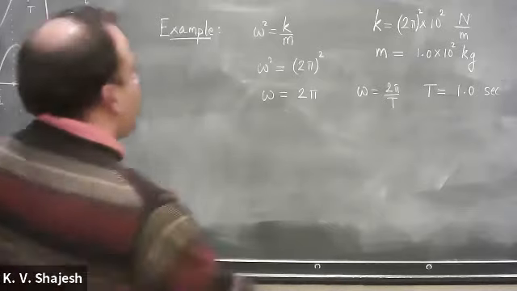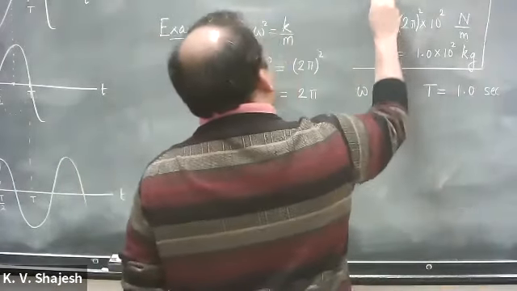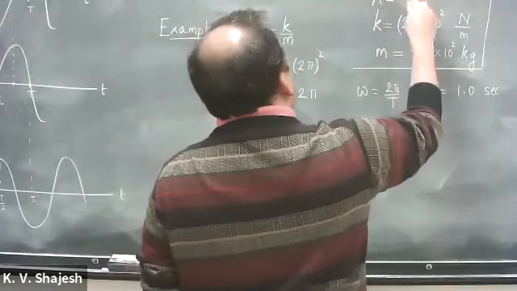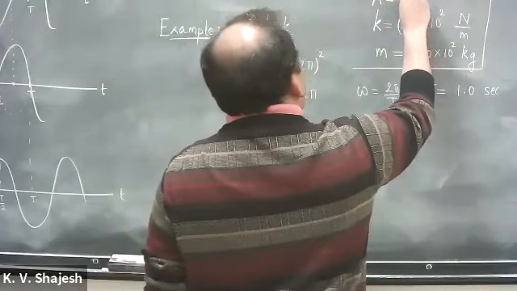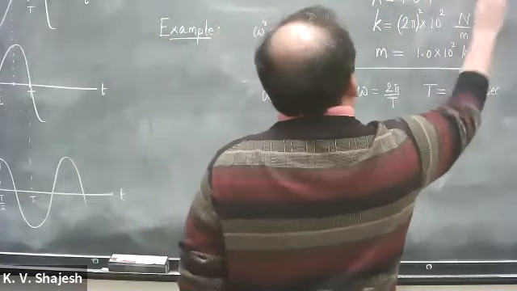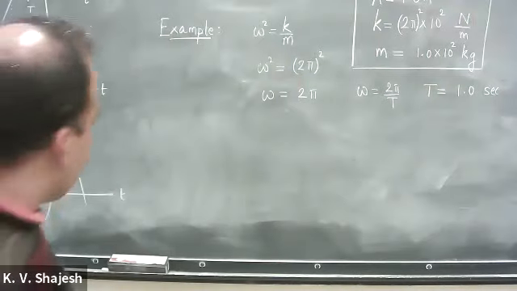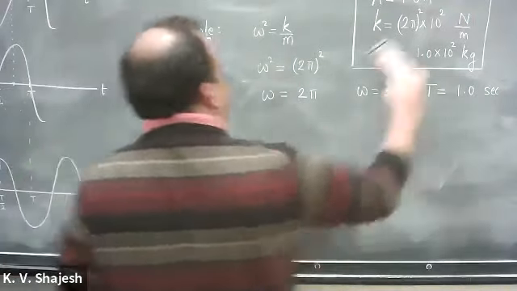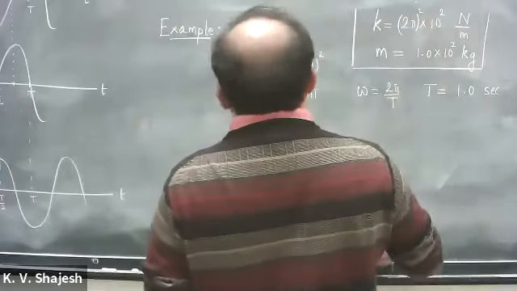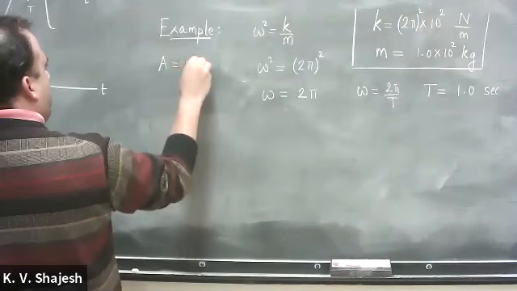The second thing that is to be given to us is the amplitude. Amplitude could be 10 centimeters, or let's say 1 meter. Oh, I think that's out of the screen. So let's say amplitude is 1 meter.